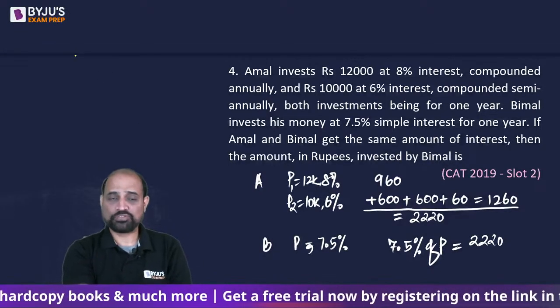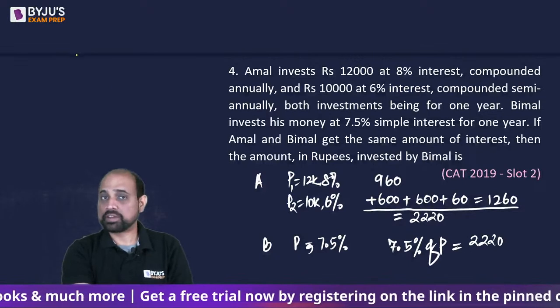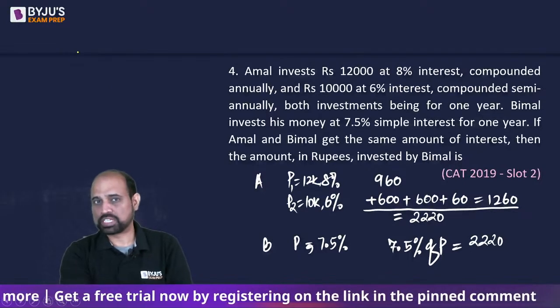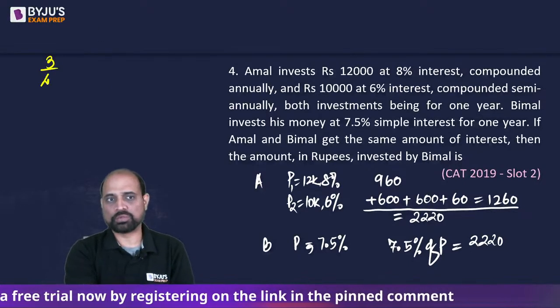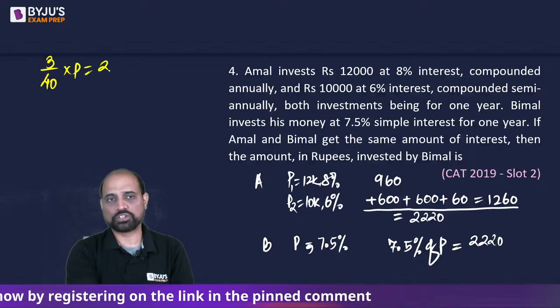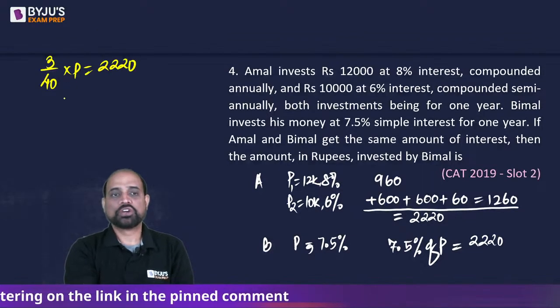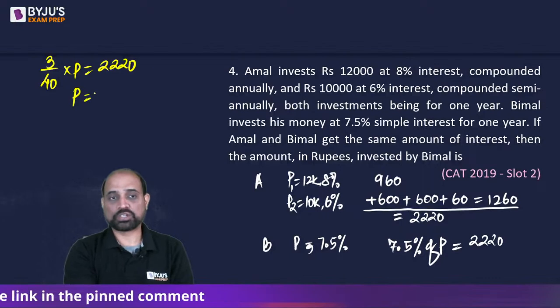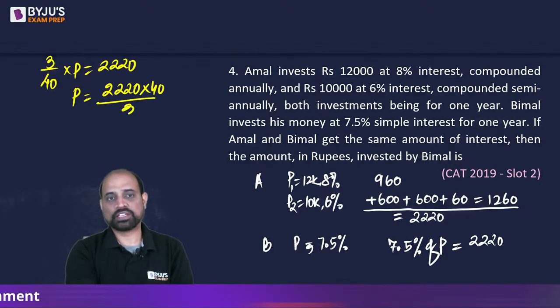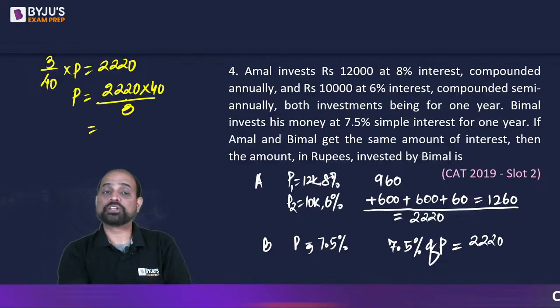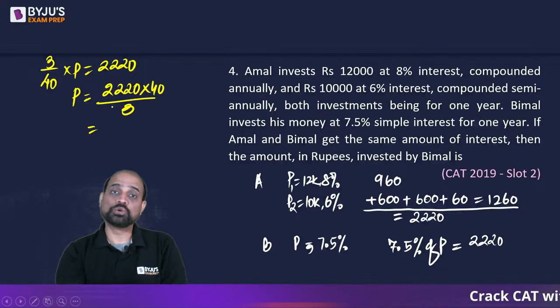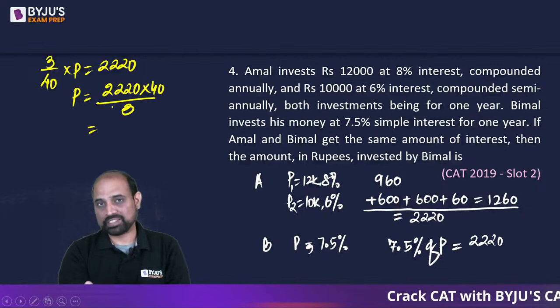Now, 7.5% or 75% is 3 by 4. So 7.5% is going to be 3 by 40 of P is going to be 2220. So from here, we will have P is equal to 2220 into 40 divided by 3. Now, 111 divided by 3 is 37.